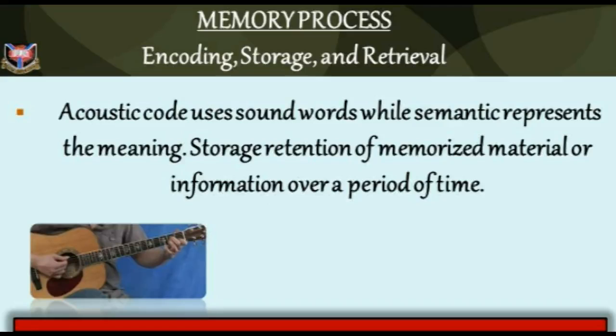Once a mental image or picture of the number is encoded, it must be placed in storage for future usage. Storage is the second stage of memory. It refers to the retention of memorized material or information over a period of time. In other words, retention is the act of maintaining information over time. This can be achieved through rehearsal.